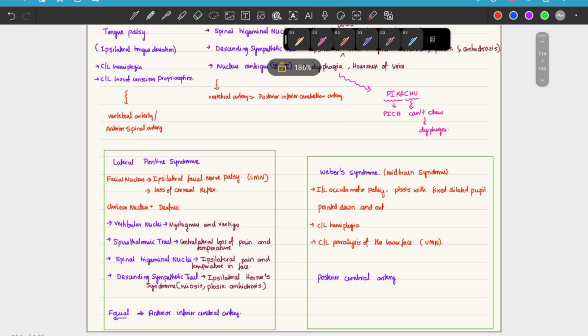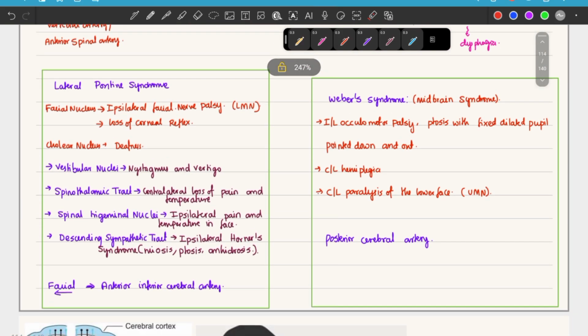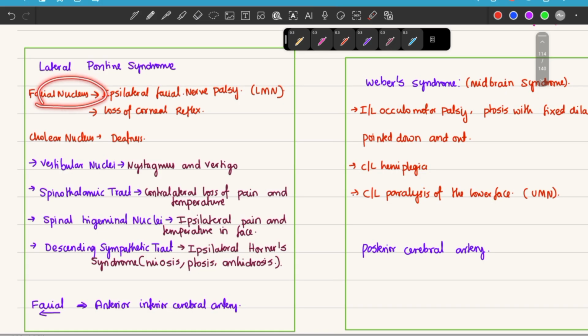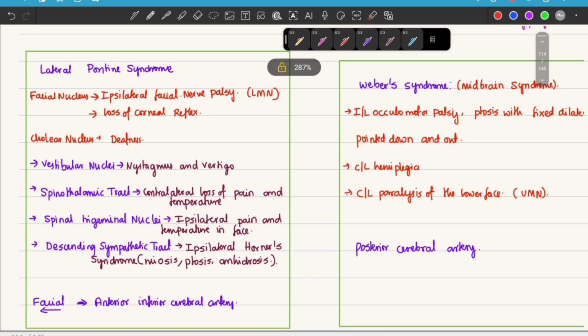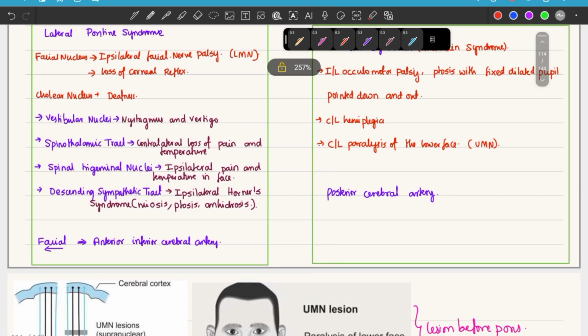Whereas sometimes they can give lateral pontine syndrome, that is the facial nucleus is involved. The ipsilateral facial nerve palsy will be there, and loss of corneal reflex, and if the cochlear nerve is involved, deafness will be there. This you have to remember. 7 and 8 nuclei, 7 and 8 nuclei.